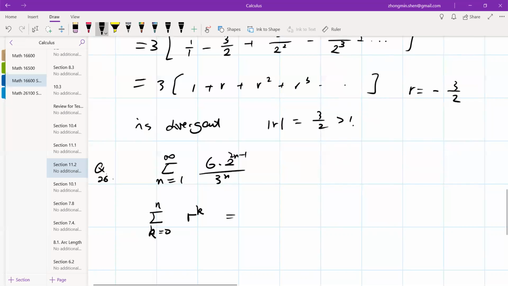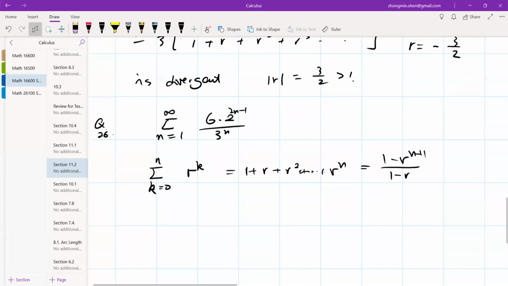This notation is just 1 plus r plus r squared all the way to r to the n. Just list them out: k equals 0, you get 1; k equals 1, you get r; k equals 2, you get r squared. And this can be combined into that form.